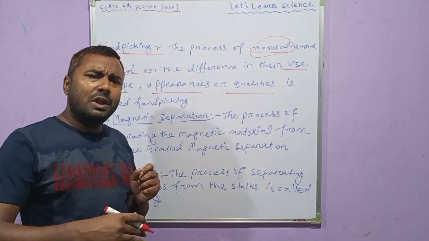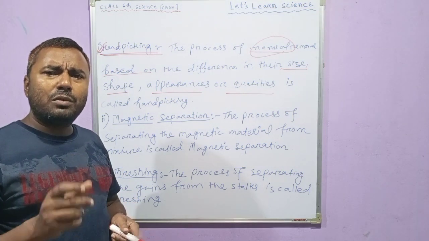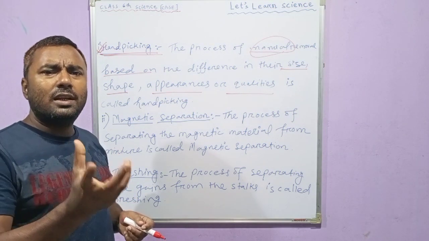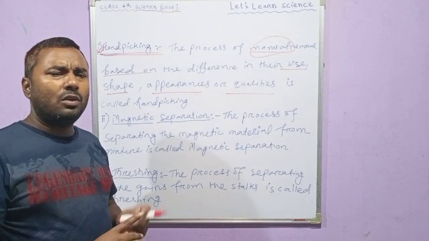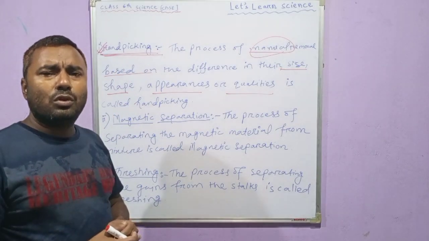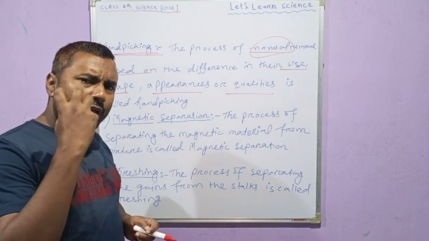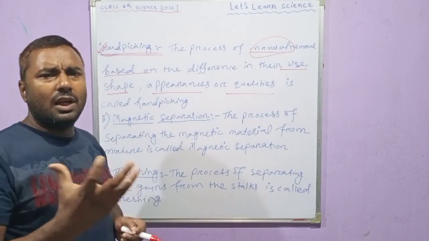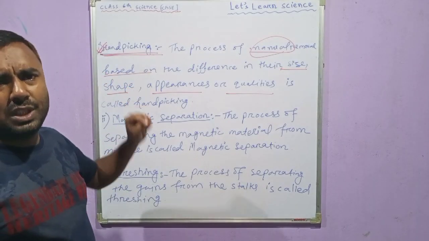Where hand picking is used, the components of the mixture should be somewhat larger in size. If they are very small, the hand picking process cannot be used. So the components must be large in size for applying the hand picking method of separation.